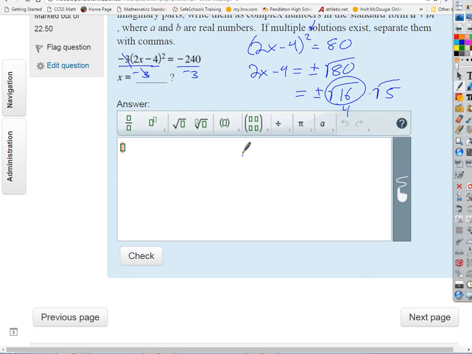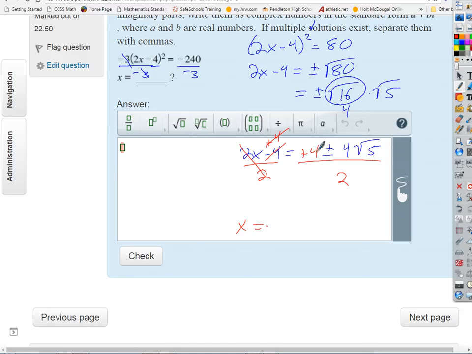So we get 2x minus 4 equals plus or minus 4 radical 5. And then the last couple steps, I'm going to add 4 to both sides, and I'll put the 4 in front of the plus or minus, and then I'll divide each side through by 2. And so I get the answer x equals, let's separate this.